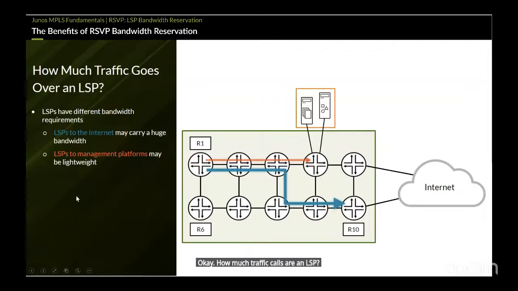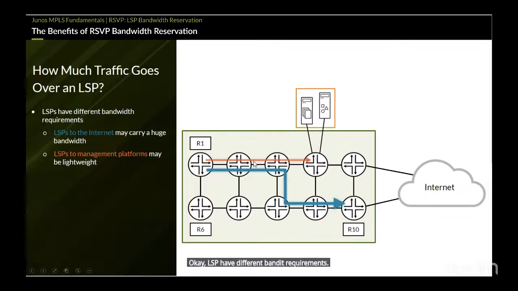Okay. How much traffic goes over an LSP? See here, if you consider the physical interface is 1G, that means the maximum traffic capacity is 1G. If you use a 10G link, the maximum throughput will be 10 Gbps theoretically, but it will go maximum 9 plus, not 10. Okay, LSPs have different bandwidth requirements.